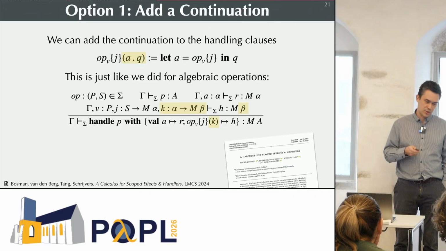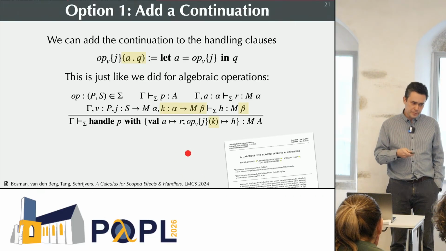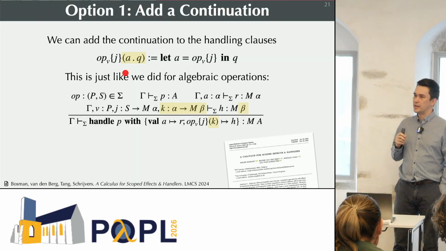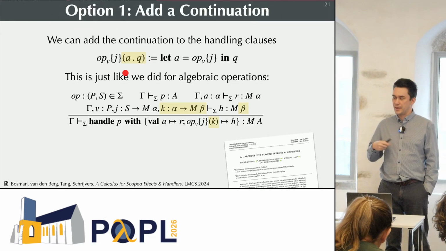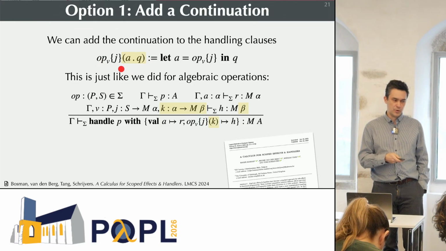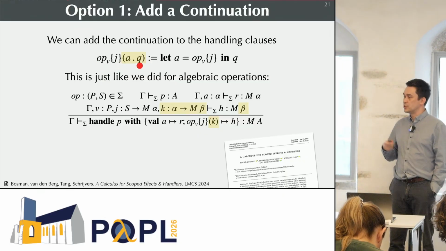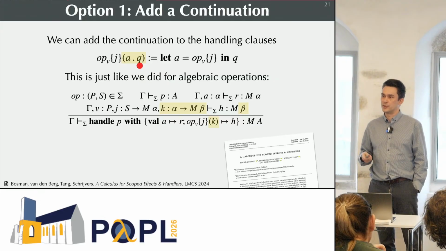Bosman, Vandenberg, Tang, and Schrijvers wrote a paper about this problem where they do the same thing that you would do in the algebraic effects setting. That is to say, you extend your scoped operation with an additional continuation, just like you did with the generic operations for algebraic effects.